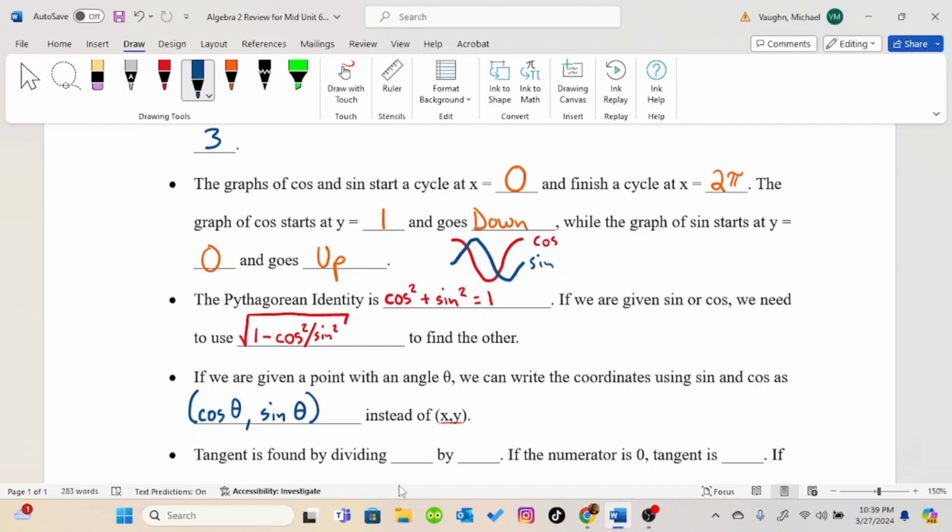So now if I had pi over 4, then to find the coordinate, that would be cosine of pi over 4 to get me the x coordinate, and sine of pi over 4 to get me the y coordinate.